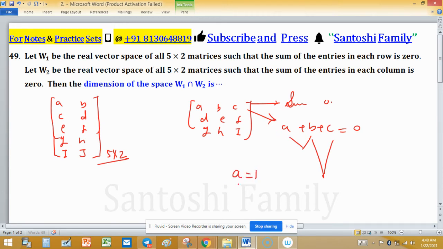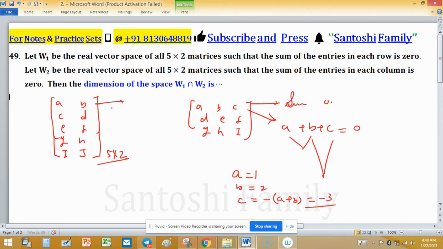Suppose A equals 1 and B equals 2, then C equals minus of A plus B, which means minus 3. So you only choose two entries freely, and the other will be dependent. Similarly for W1 or W2.